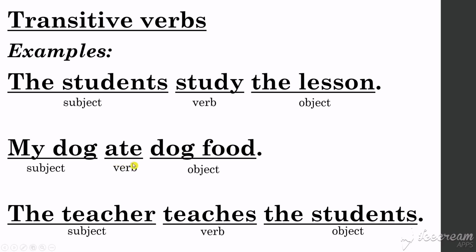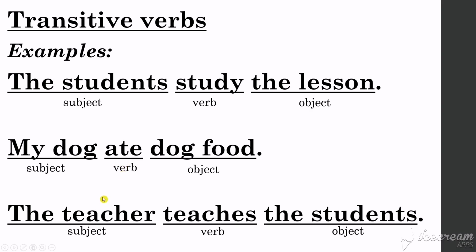And it has a receiver, which is dog food, the object in the sentence. So what does the dog eat? It comes right after the verb, the object, which is the dog food. So it has a receiver. So the verb eat is a transitive verb.